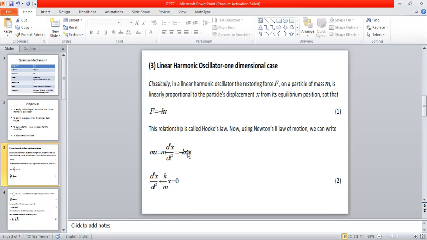If you simplify this expression, we end up with a differential equation, equation 2: d²x/dt² + (k/m)x = 0. This is the differential equation applicable for a one-dimensional linear harmonic oscillator.